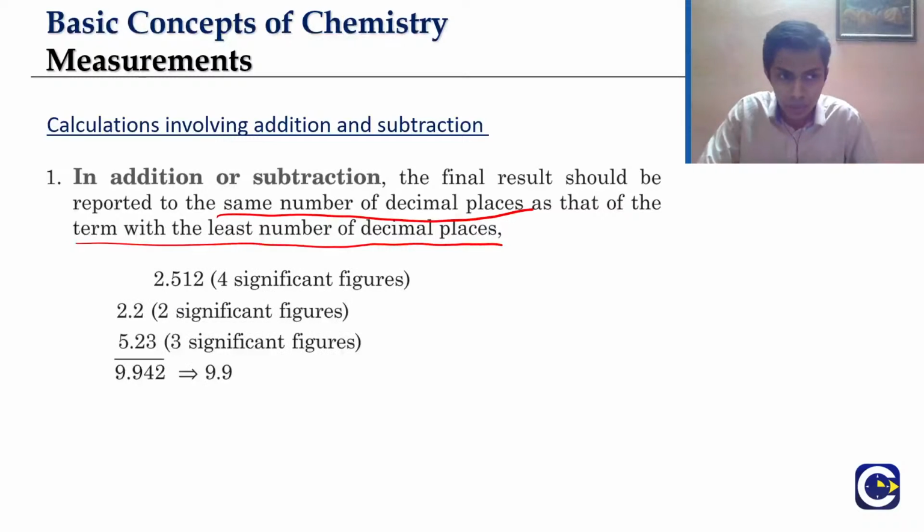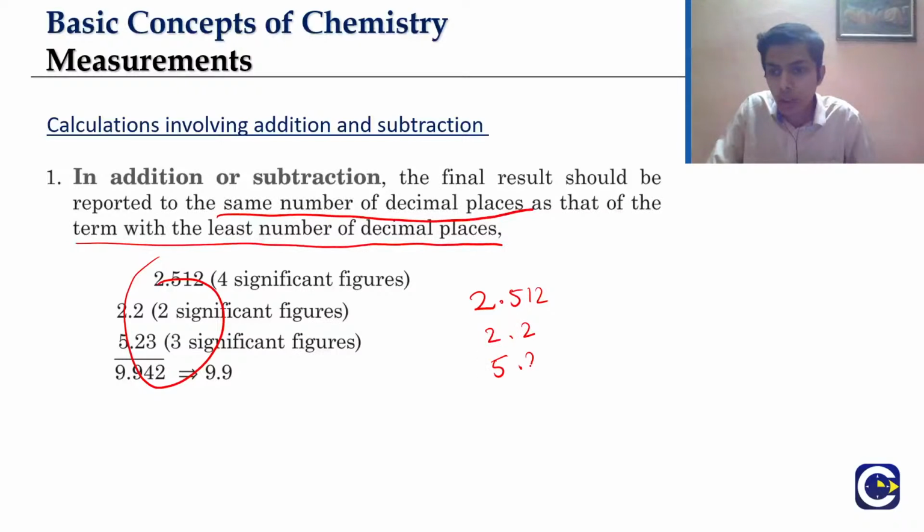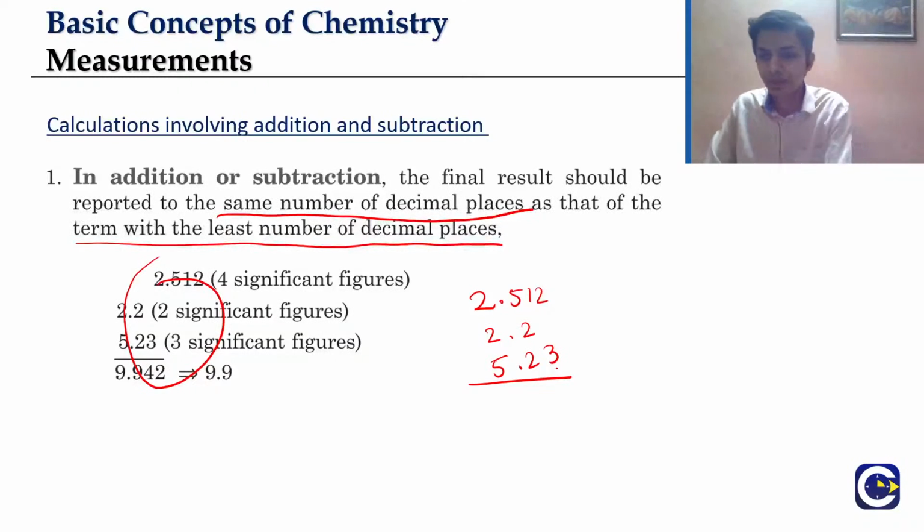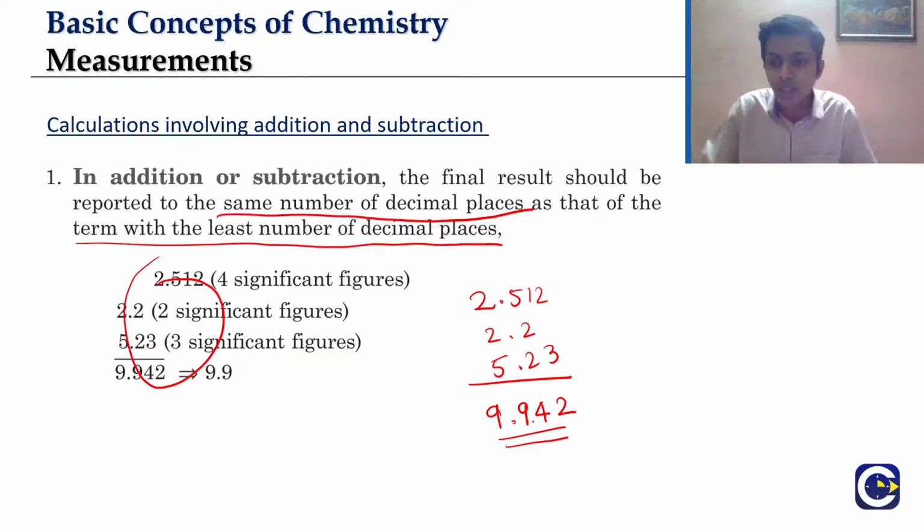For example, if I have these three numbers, 2.512, 2.2, 5.23, can you tell me what the sum will be? If you perform it, it will come out to be 9.942.